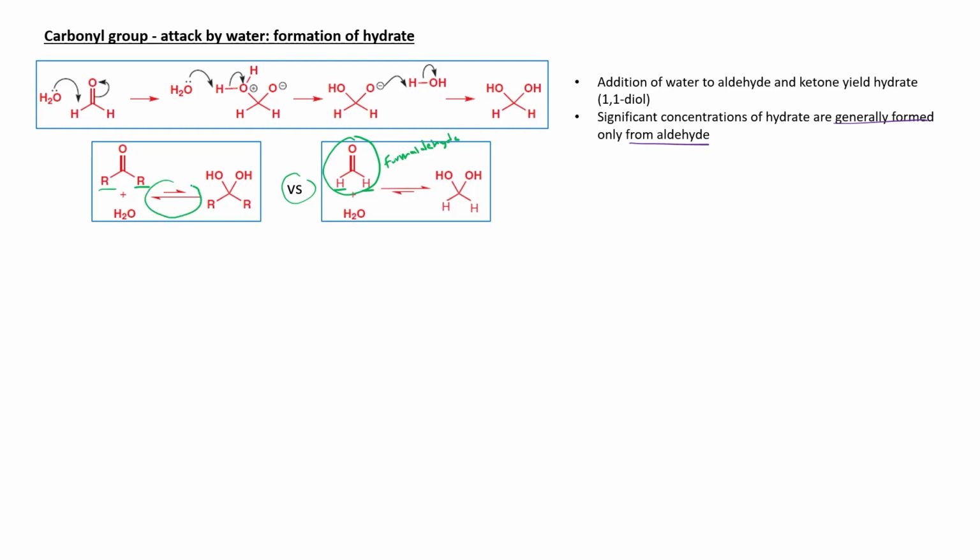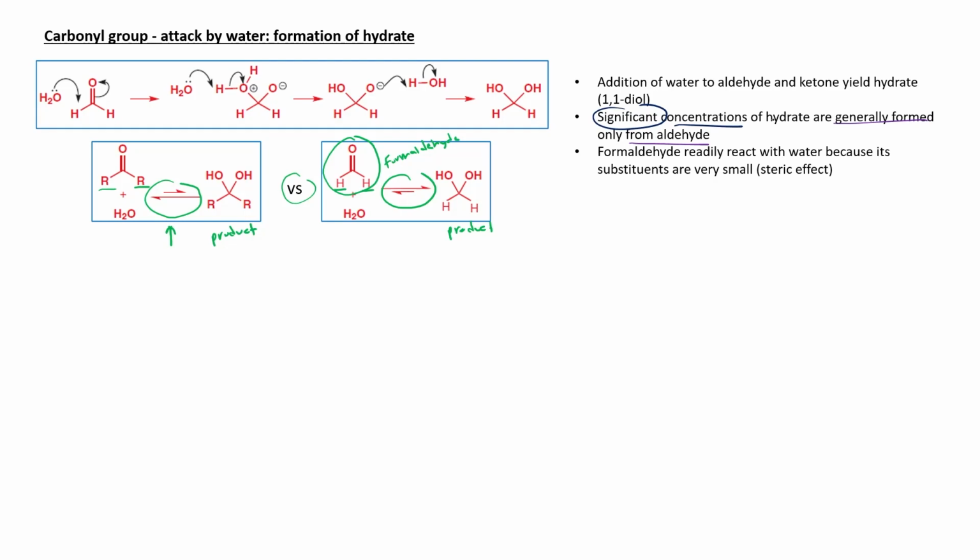Look at these arrows. This one does not favor the production of the product. In this case, they favor the production of the product. So if you have an aldehyde, you can get a more significant concentration of hydrate compared to when you use a ketone like this.